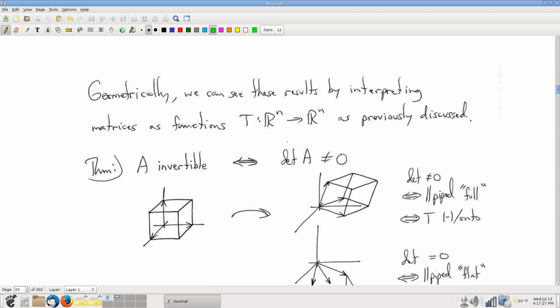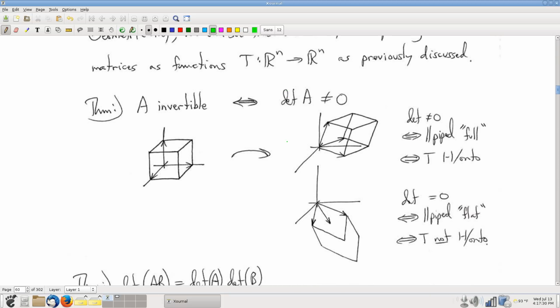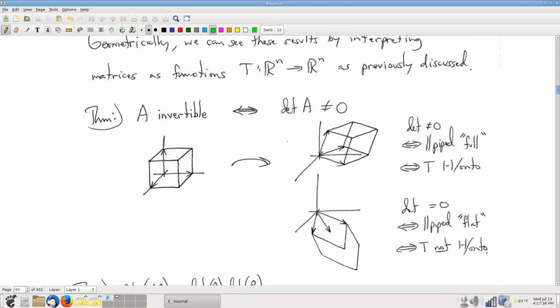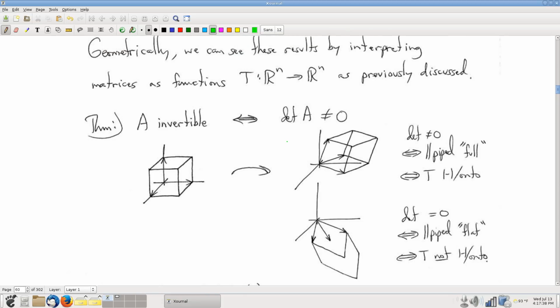Okay. All right. So with that in mind, let's think about some of our old facts about determinants and how we can think of them geometrically. So here is an old fact about determinants, that a matrix is invertible if and only if the determinant is non-zero. And there's a nice geometric point of view on this. Keep in mind that a matrix can be thought of as a function.